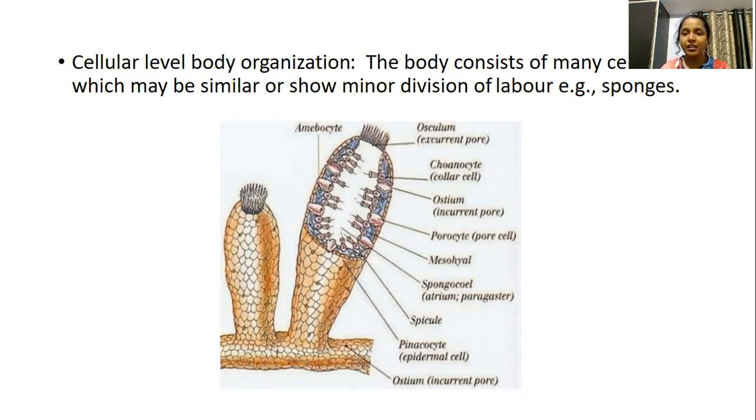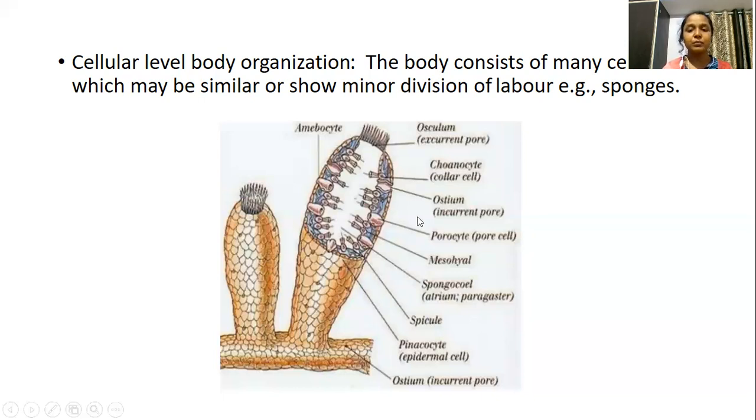Sponges are animals which have many cells, but all those cells perform their functions individually. Those cells are supported by spicules. There are varied varieties of spicules that we'll be discussing in later sessions. With those spicules, the cells are supported and each cell performs individually for the whole function of the animal.